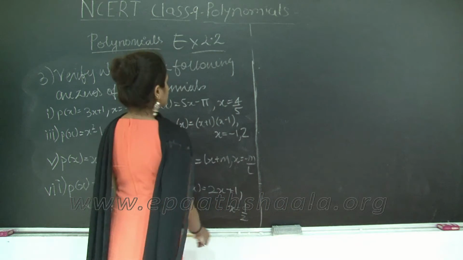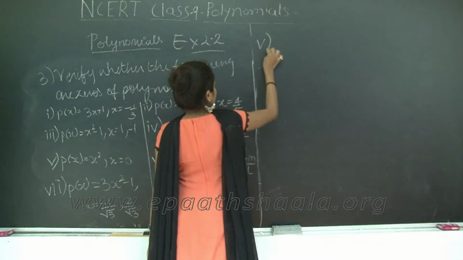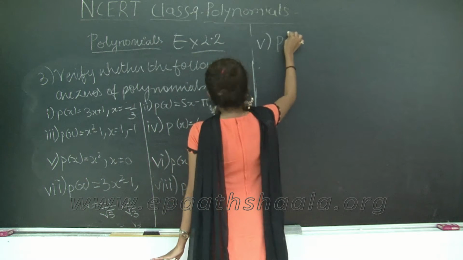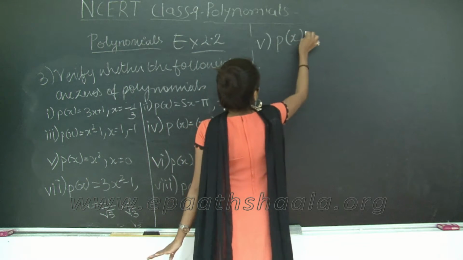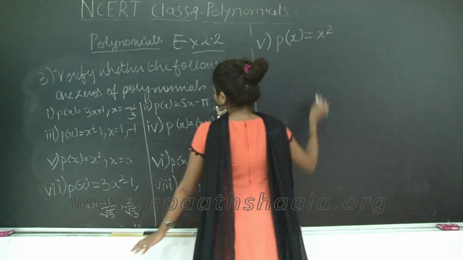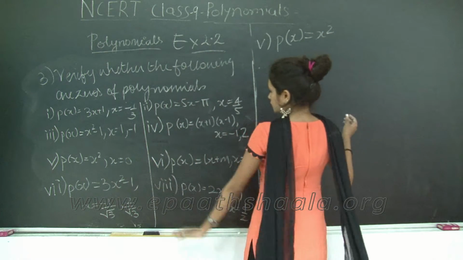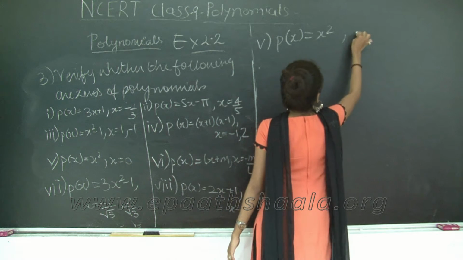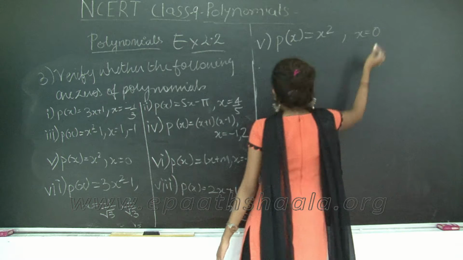Okay. Let's take a look at the fifth sum. Similar concept, P(x) is equal to x square. So this is going to be a very simple one. P(x) is equal to x square, and you have to find whether 0 is the zero of the polynomial. You have to find for x is equal to 0.